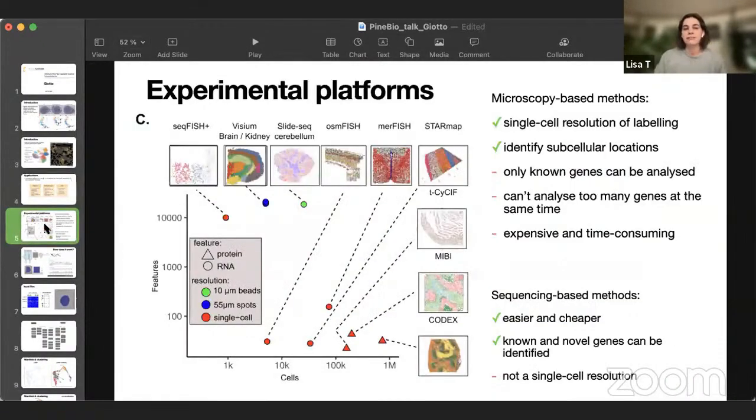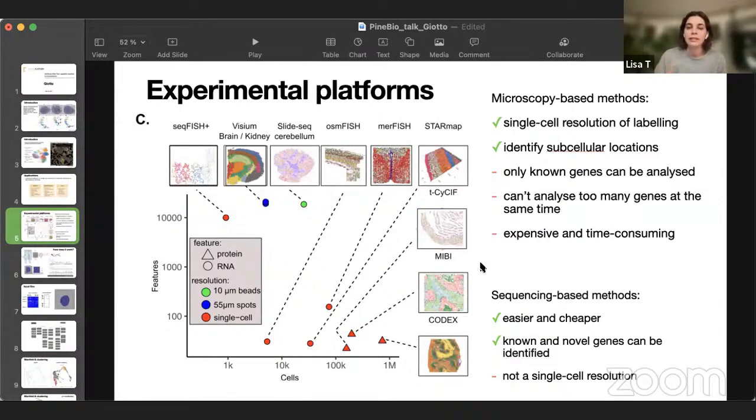So there are different experimental platforms to study spatial single cell. We can separate them into microscopy-based methods like seqFISH, osmFISH, or MERFISH, all the hybridization-based methods, and sequencing-based methods, for example, Visium. The difference is that for microscopy-based methods, since it's based on hybridization, we have a single cell or even single molecule resolution.